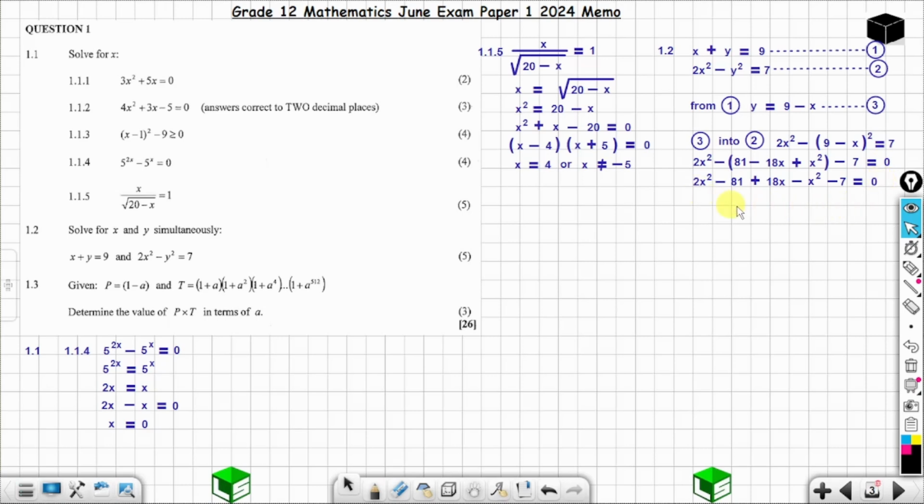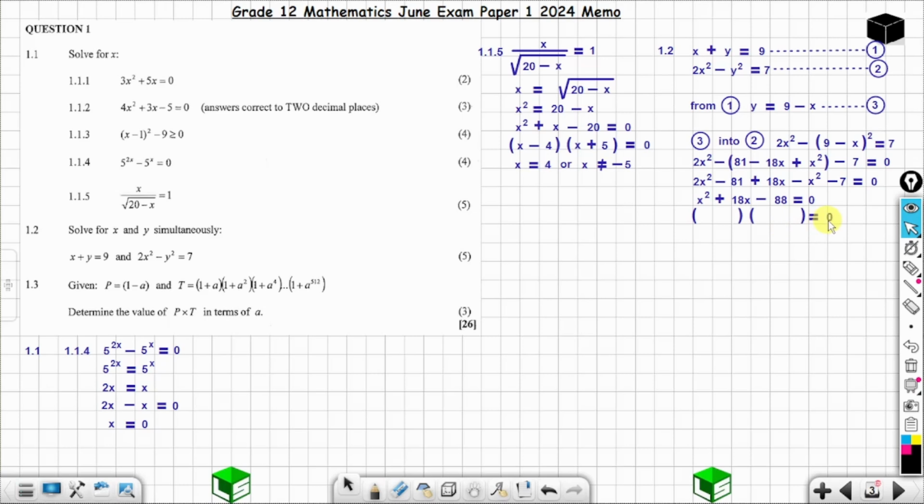Now you have your like terms: 2x squared minus x squared is x squared, plus 18x, and minus 81 minus 7 gives minus 88, equal to 0. Now you are going to factorize.